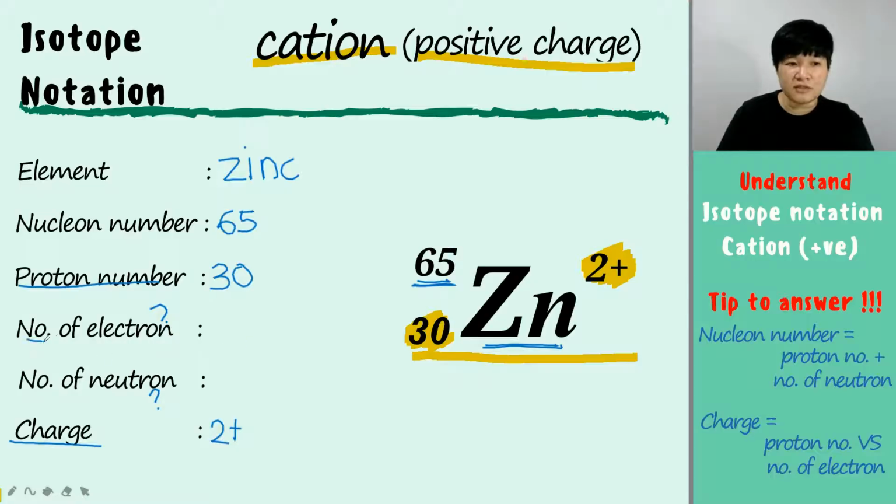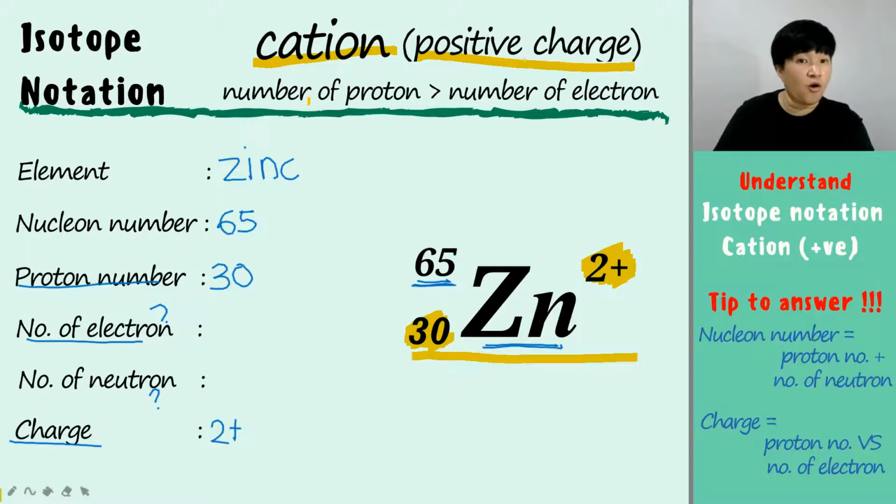So we need to work out the number of electron and also the neutron. Let's work out the number of electron first. Since we know that it's a cation, therefore, number of proton must be more than number of electron. Your proton number right now is 30. The charge is 2 positive. So what would be the number of electron?